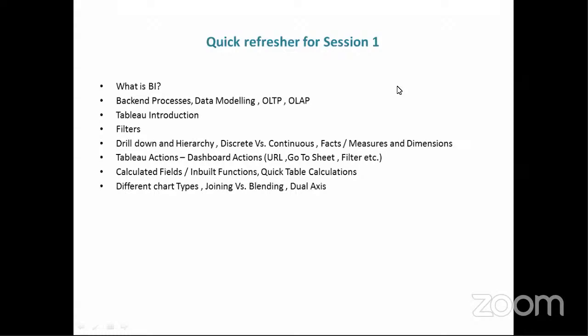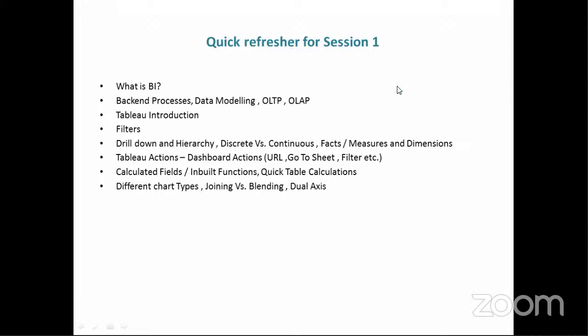So how to play with the different tabs, like the general tab, wildcard, condition, top N number of entities. These are the functionalities within a filter, but we do have different types of filters here, like the data source filter, extract filter, context filter.